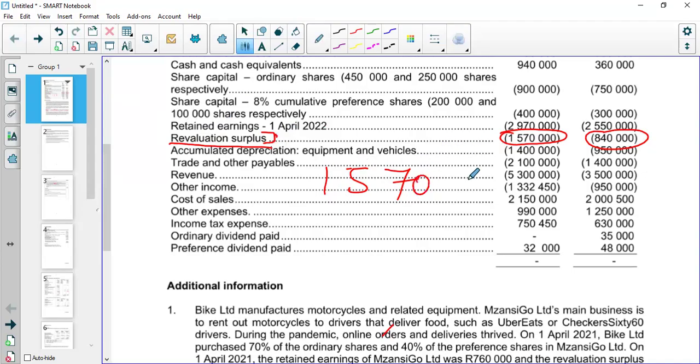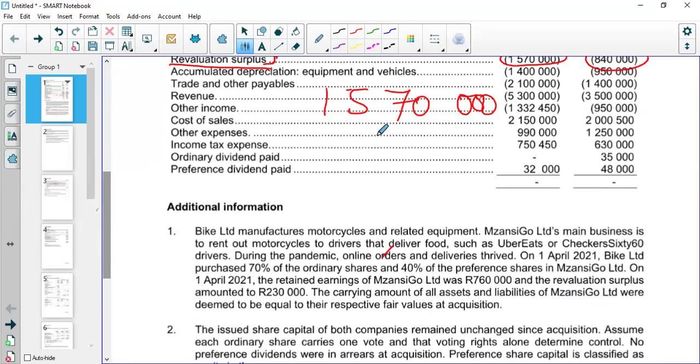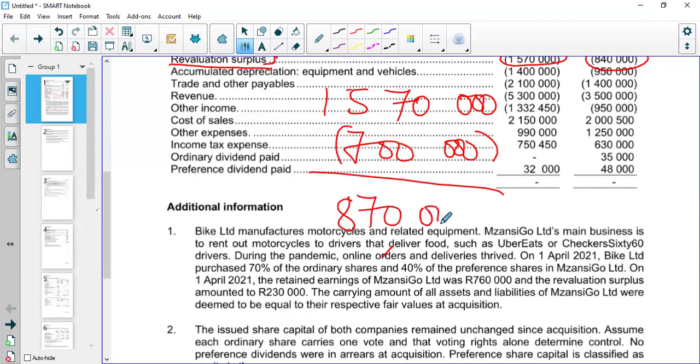And then we know that 700,000 was for the current year. So 1570 less 700,000, which means that at the beginning of the year, it was 870. That is what we want. So the revaluation surplus of the parent at the beginning of the year is 870.